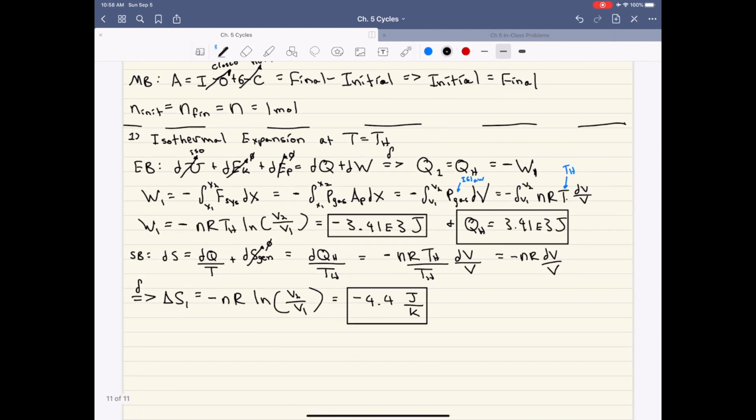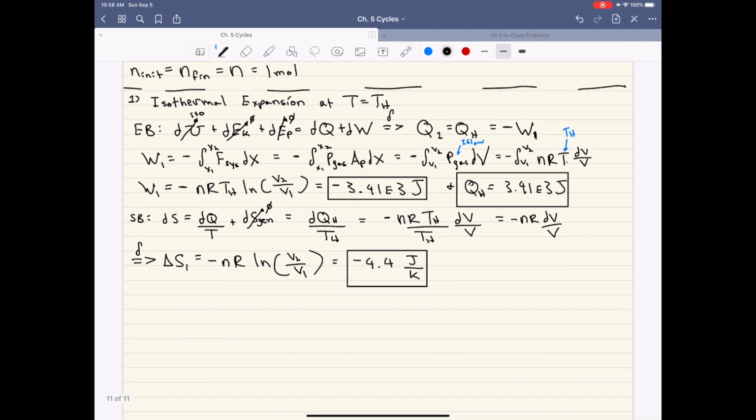Alright, and so I went into detail about the isothermal expansion. But this analysis that we did for the isothermal expansion is something that we've done many times in this course already. For all the steps of the Carnot cycle, we've done piston cylinder problems that follow either isothermal expansions or adiabatic expansions or the reverse compression steps as well.